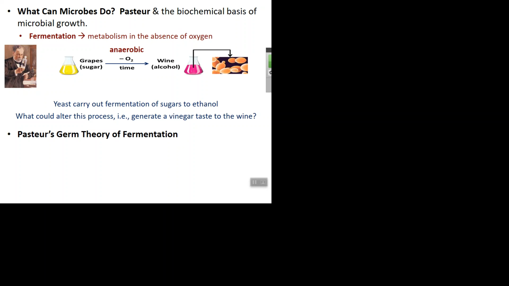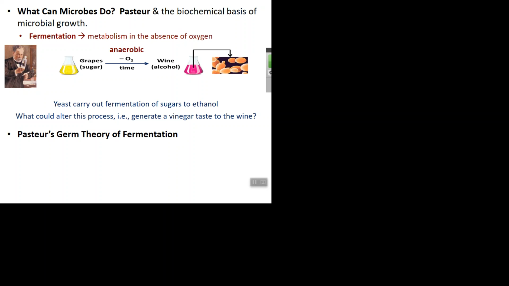So he, the French loved their wine. Okay, and so there was a period where the wine being made had this weird taste to it. Okay, basically tasted kind of like vinegar. And they would make batches where this would happen. And so they called Pasteur in, who they knew was a famous chemist, of course, to figure this out.